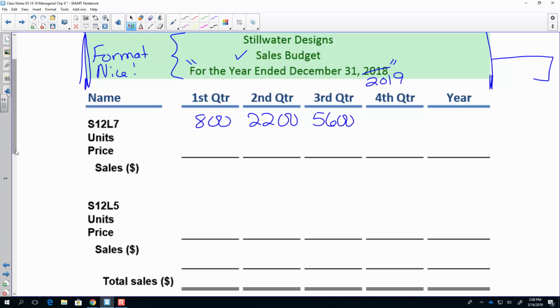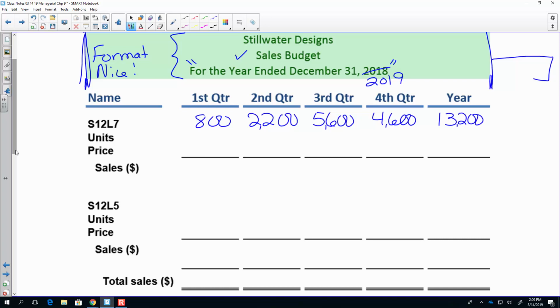Can someone tell me the total here? 13,200. Now, I do want to see commas, right, in your number formats. It just makes it so much easier to read. So make commas on those numbers that need it.